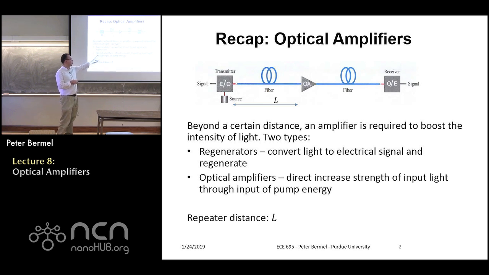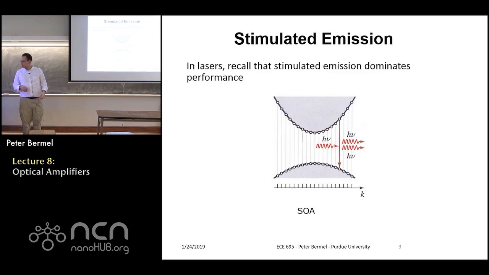In either case, obviously you have to do it every so often, like every distance L. Although the L depends, of course, on the wavelength and the fiber that you're using and so forth. Okay, so the principle of the optical amplifiers is related to that of lasers in the following sense.